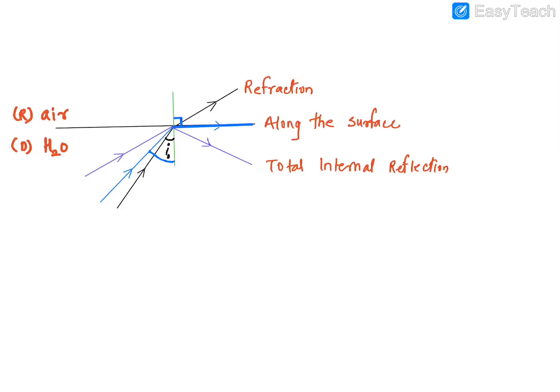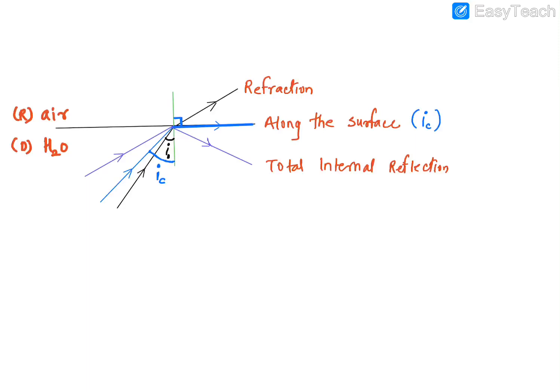That angle of incidence for which the light ray goes along the surface is called the critical angle. We write it as IC. That angle of incidence for which the corresponding angle of refraction is 90 degrees is called the critical angle. The light ray goes along the surface only when the angle of incidence is the critical angle.